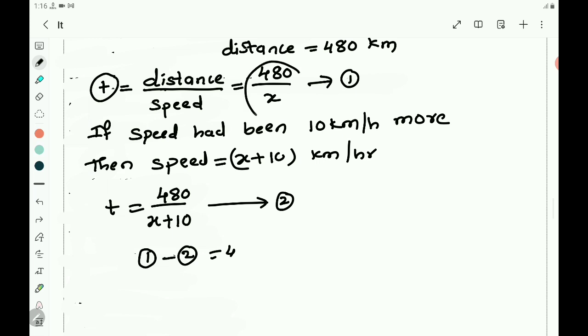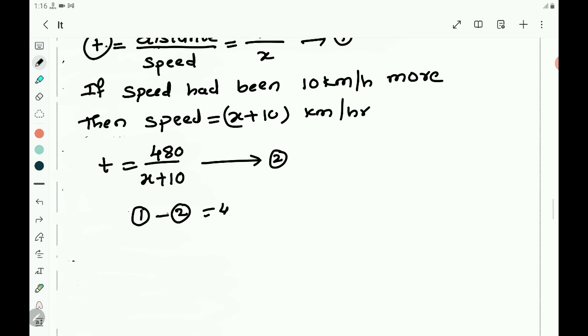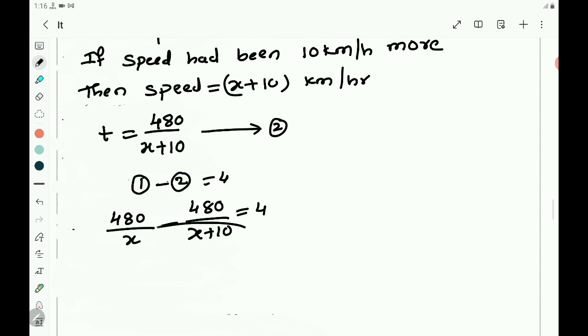First one is 480 by x, second one is 480 by x plus 10, equals 4.